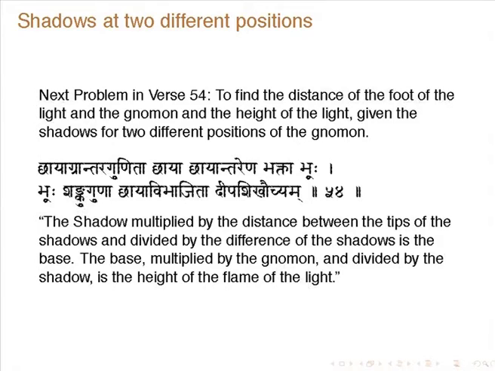Chayagrantara gunita chaya chayantarena bhakta bhuhu bhuhu shankuguna chaya vibhajita deepa shikhauchyam. The shadow multiplied by the distance between the tips of the shadows and divided by the difference of the shadows is the base. The base multiplied by the gnomon and divided by the shadow is the height of the flame of the light.